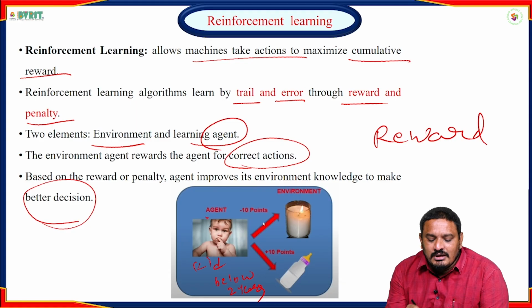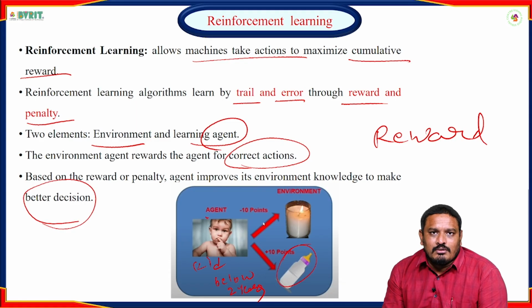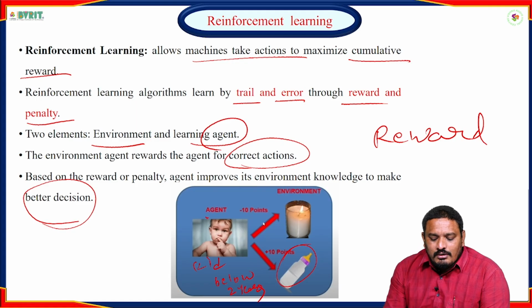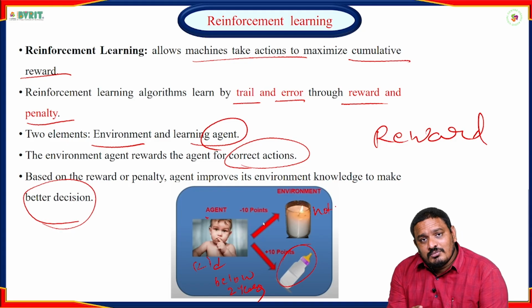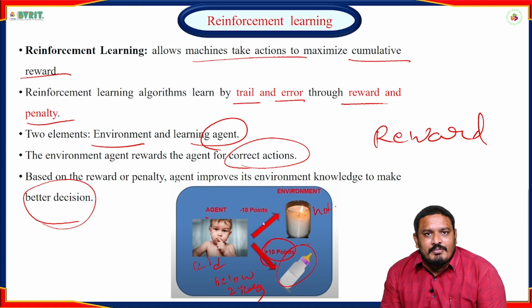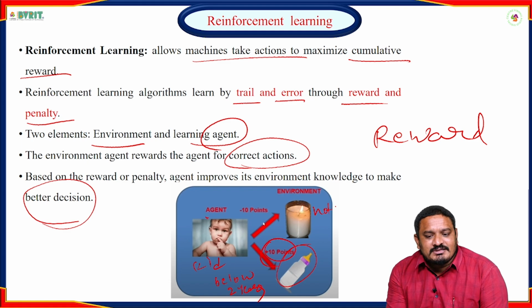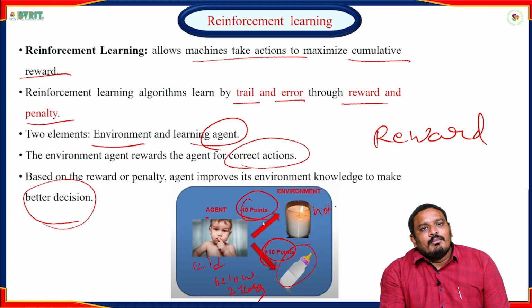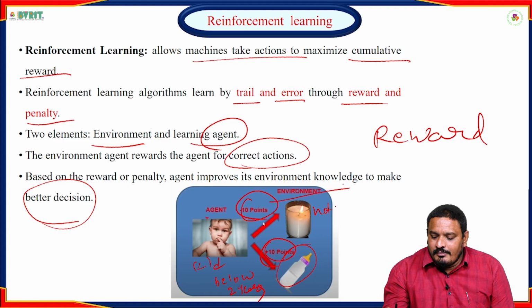Correct actions mean the 2-year-old kid is taking cool milk, not hot milk. When the kid performs the correct actions, at that time only you can give the reward points, say 10 reward points. If the kid cannot perform the correct actions, it can lose points, and that is called a penalty.